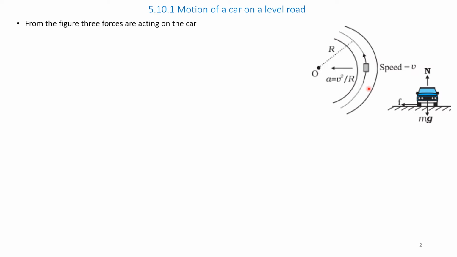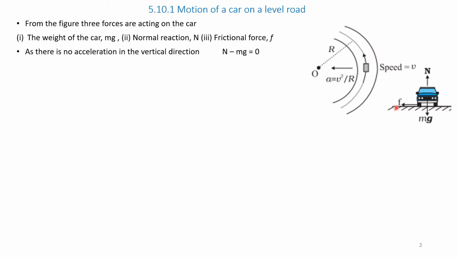From the figure, three forces are acting on the car. The weight of the car, that is mg, where m is the mass of the car and g is the gravitational acceleration. And to counter this, there is one normal reaction N, which is perpendicular but opposite to mg. And in addition, there is a frictional force F.